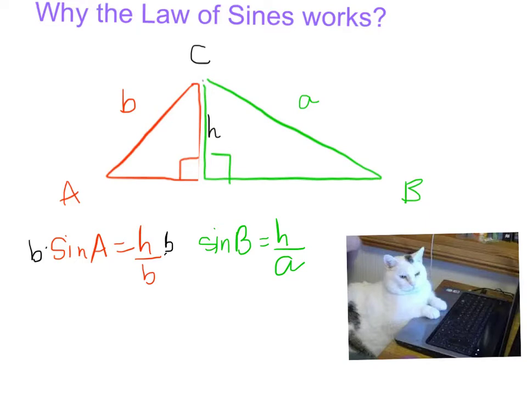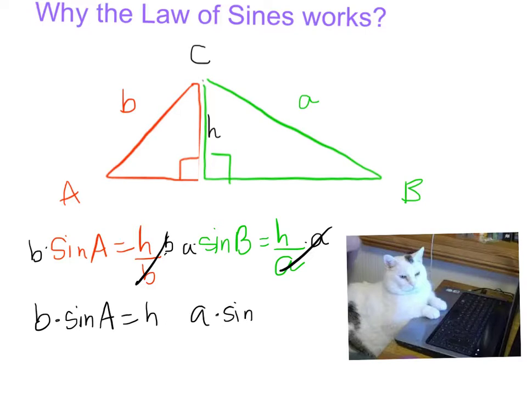So now, if we do a little bit of math here, if I multiply by b on both sides, and I multiply by a on both sides, I end up with this equation. b times the sine of A is equal to h, and here I get a times the sine of angle B is h.